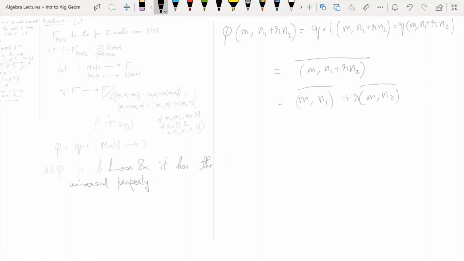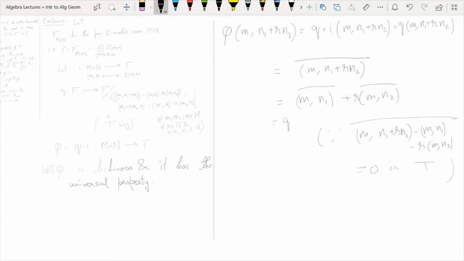So bar essentially means applying q, since m comma n1 plus r n2 minus m comma n1 minus r times m comma n2, whole bar, is 0 in T. The difference of these two lies in the submodule you are quotienting out by, so that's why this relation holds.